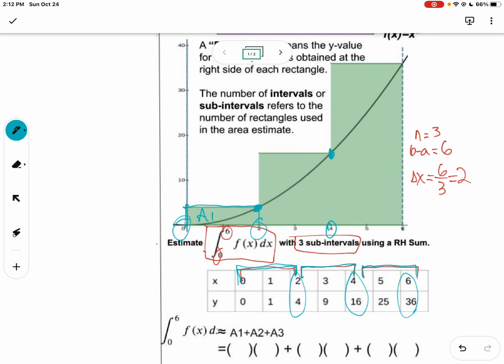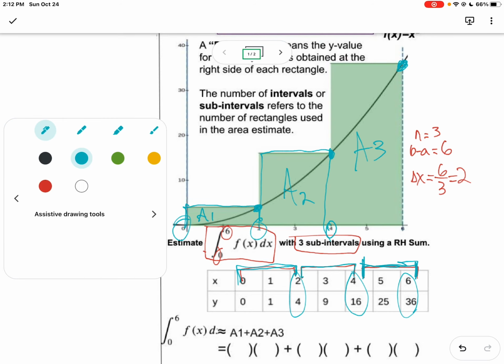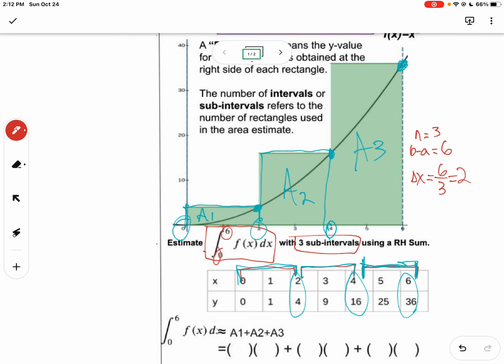That's the second rectangle. That represents A2. And then the third rectangle goes from x equals 4 all the way to x equals 6. But where do I get the y value? On the right side of that rectangle, so way up here. Okay, so that's A3.